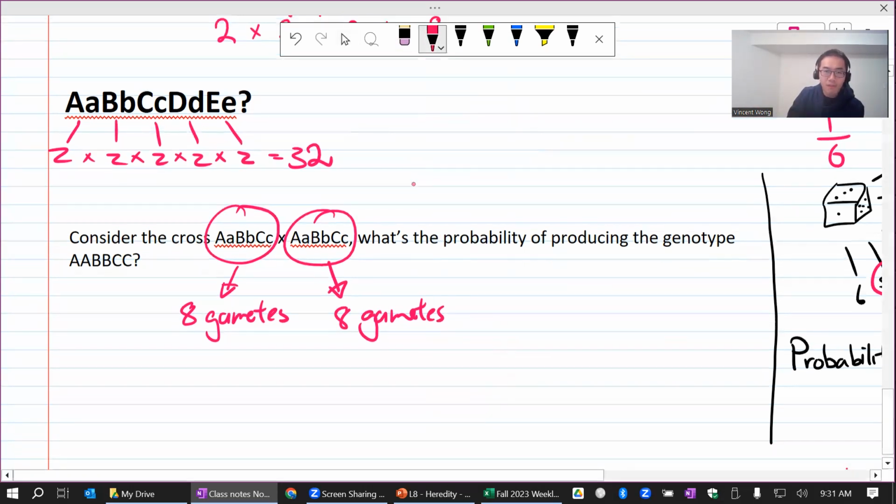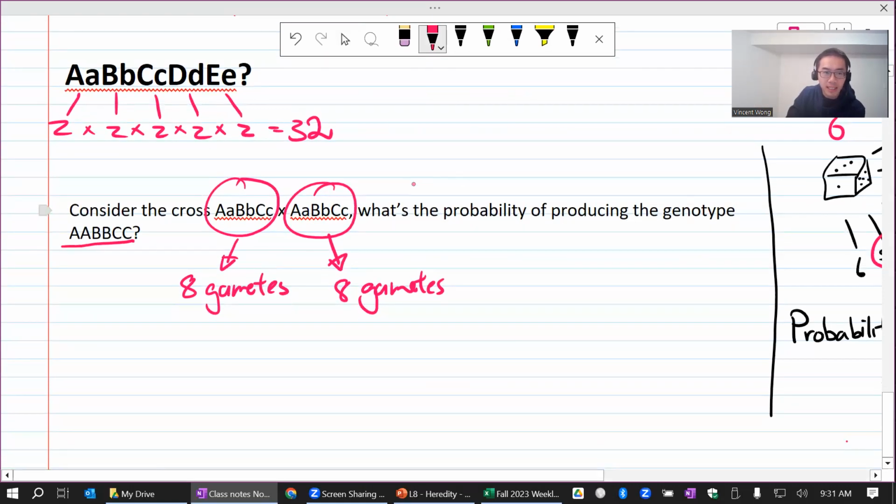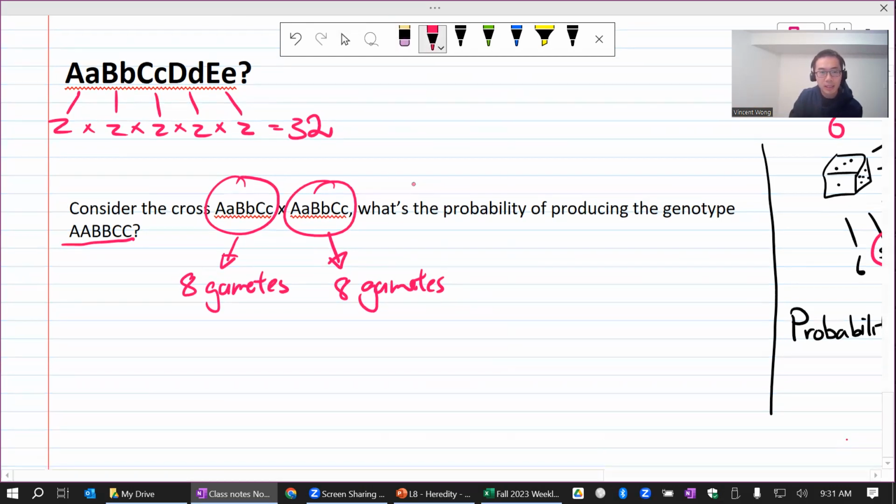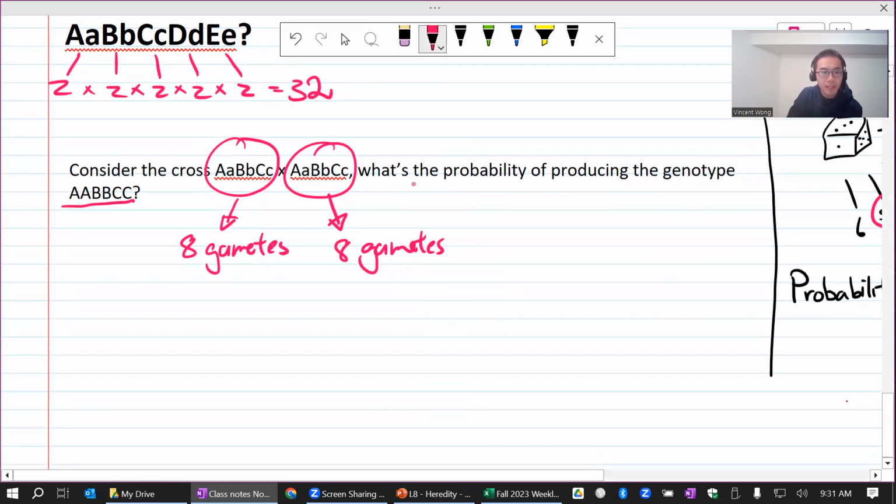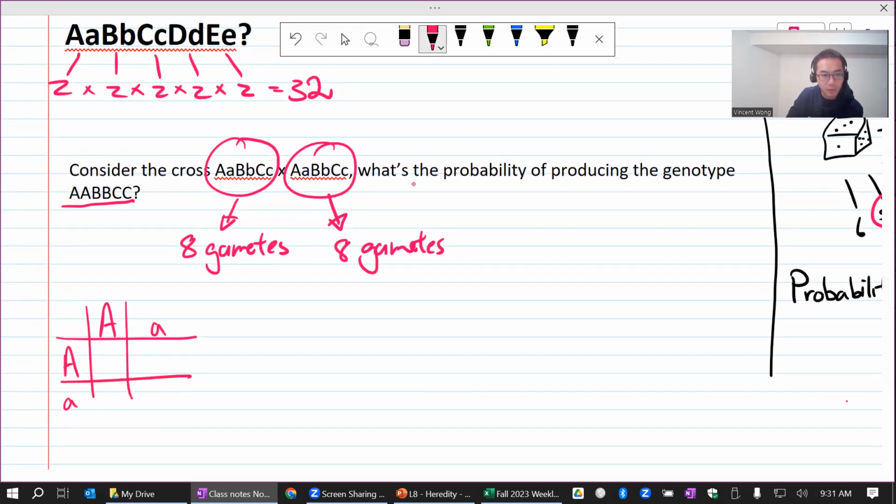That means if I want to figure out the probability of getting this, I can do it with 3 different tables. Okay, so here for A, it is big A, small a, and big A, small a. This goes back to the very simple Punnett square that we did earlier in the week, right?